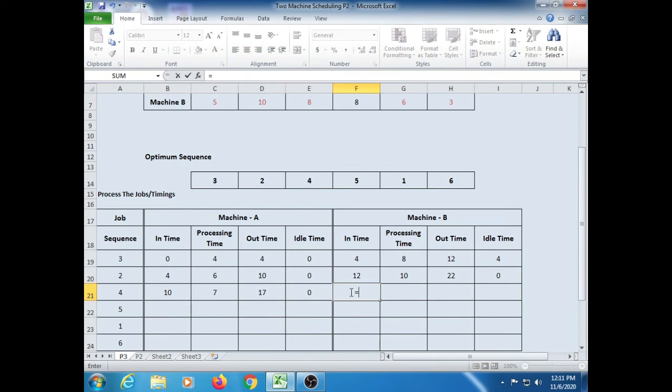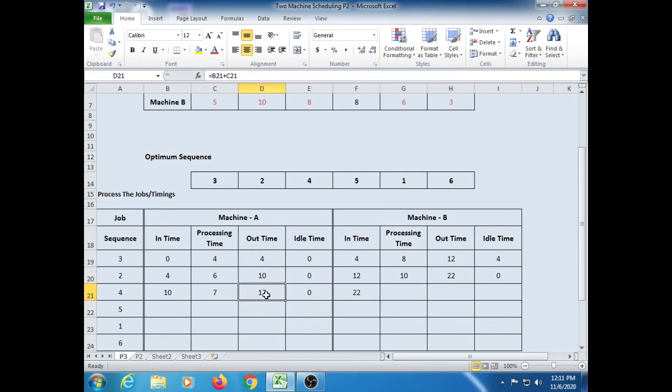So we have to calculate the max of the previous job out time of the same machine, comma, the present job out time of machine A. So which one is max? So here 22 is the max.